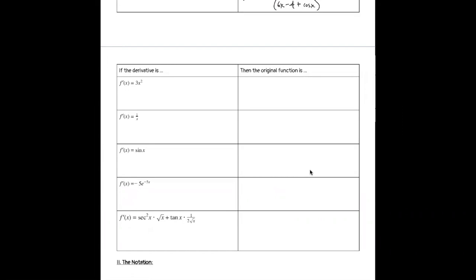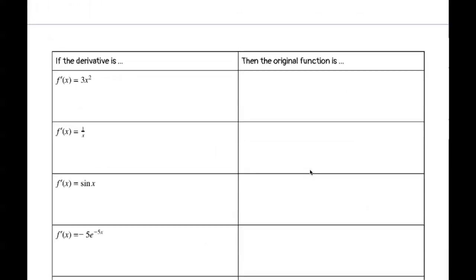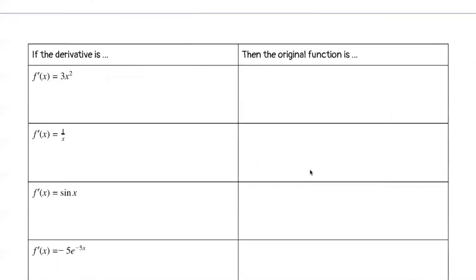How do we get back there? Okay, some of these we can kind of do in our head. Some of these are going to be more placeholders for things that we want to think about as we move into Calc 2, okay? So let's get started with this f prime of x equals 3x squared.